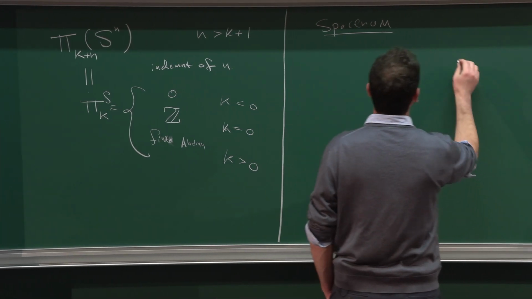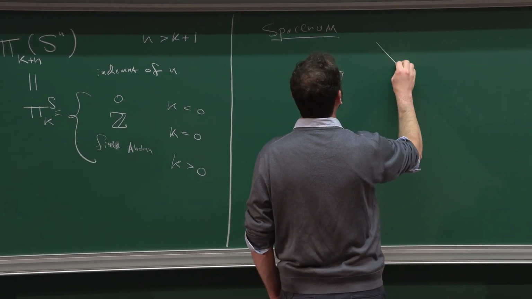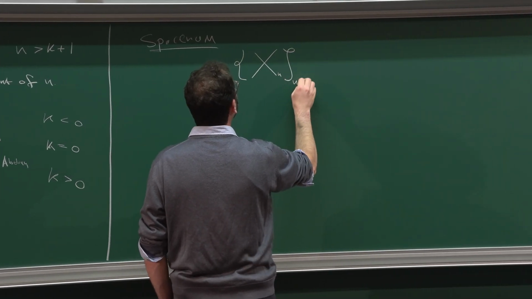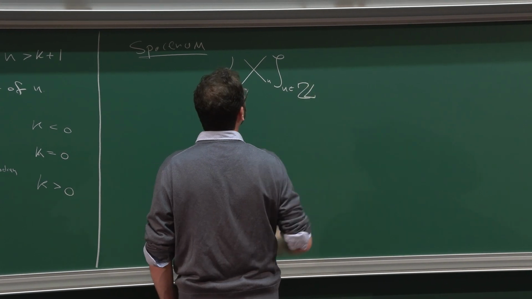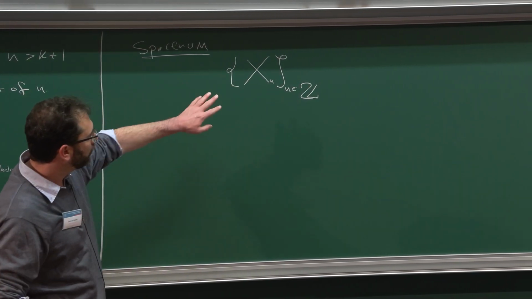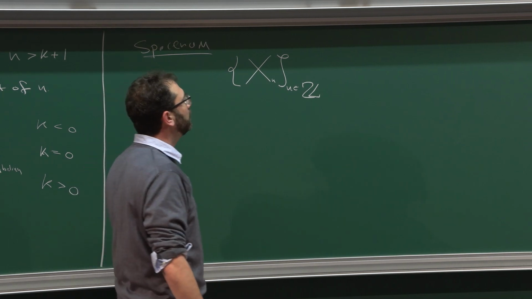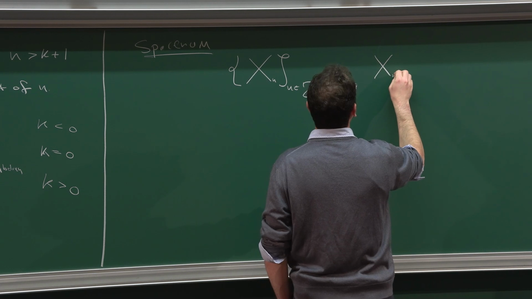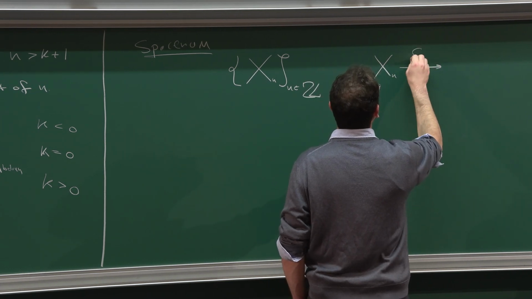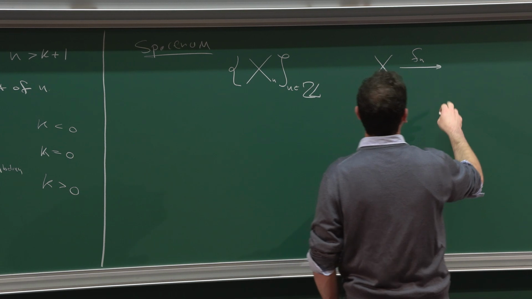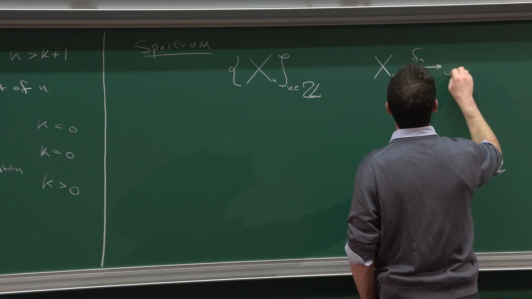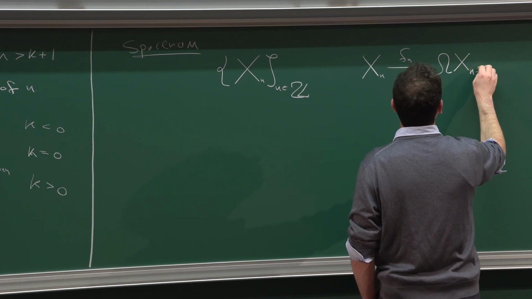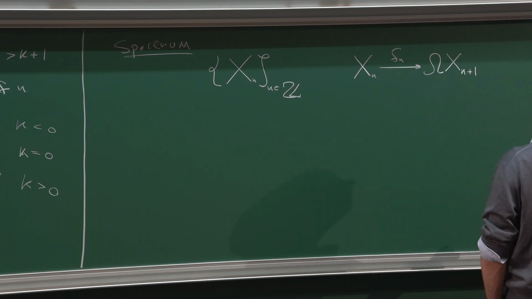And what is a spectrum? A spectrum for us is going to be defined as a sequence of pointed topological spaces, one for every integer, with a chosen base point, together with a family of equivalences, and by that I mean homotopy equivalences, between the n-th space in the sequence and the based loop space of the space after that.